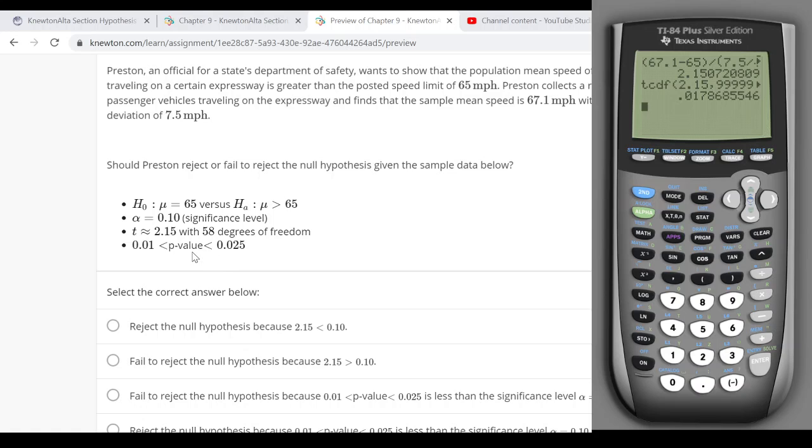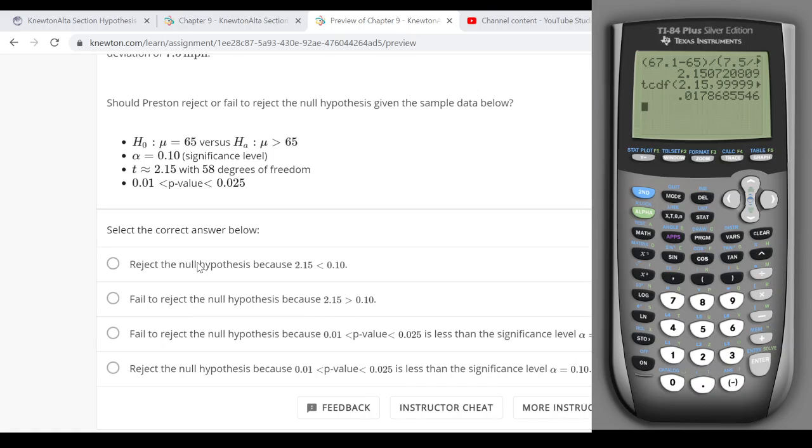If the p-value is 0.0178, like we see on my calculator, or if we're just looking here, the p-value is between 1% and 2.5%, that's definitely less than or equal to alpha. Alpha is 10%, and the p-value is definitely less than that. So in that case, we would reject the null hypothesis. Now be careful, there are two options here with reject the null hypothesis.